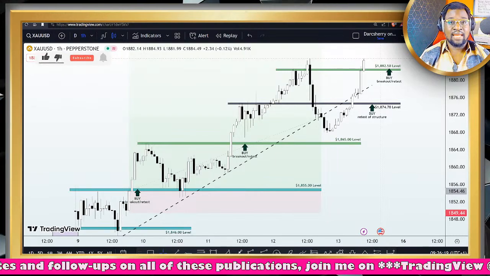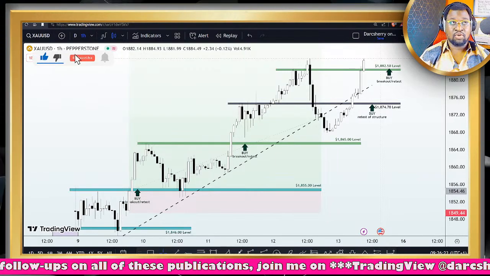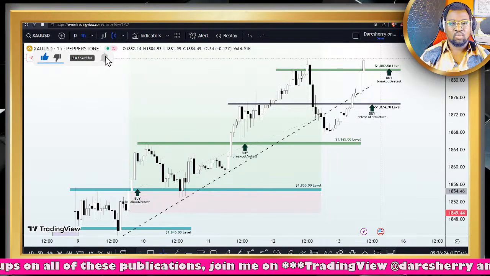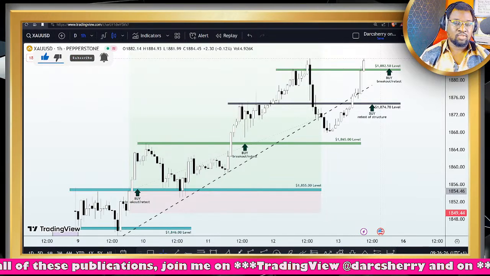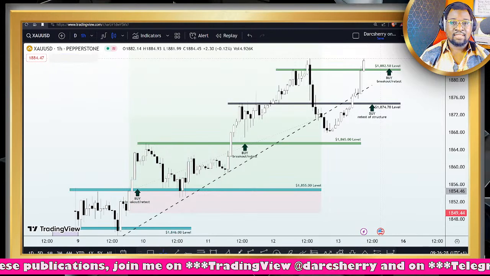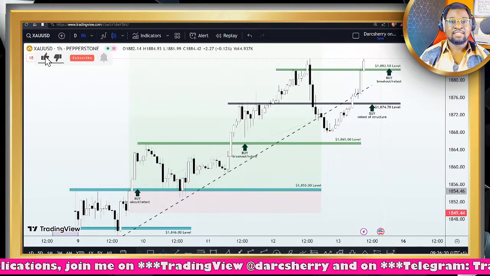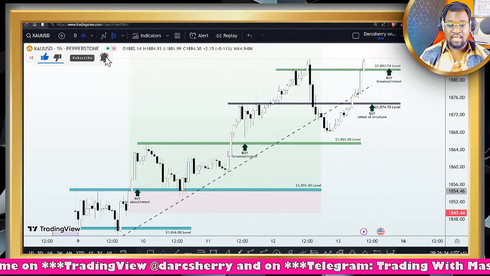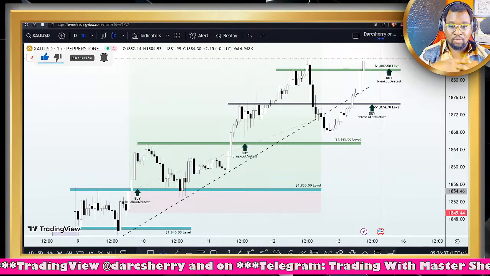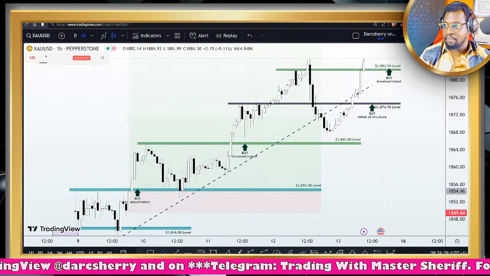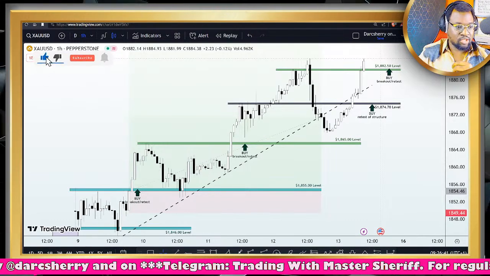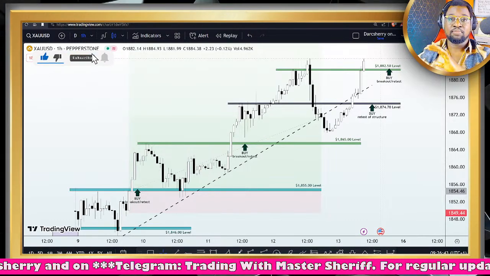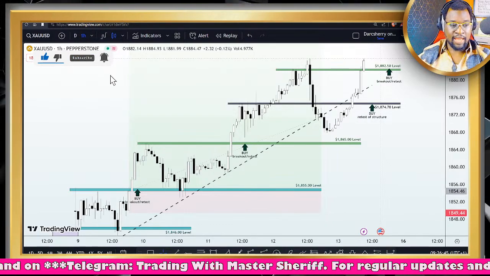Since the beginning of the week, we have been monitoring three major assets, which include the US Oil Spot, the GBPUSD, and of course the XAUUSD, which is popularly known as the gold spot. So we are going to be taking a dive into the current market structure to see how we are going to be strategically positioning ourselves ahead of today.